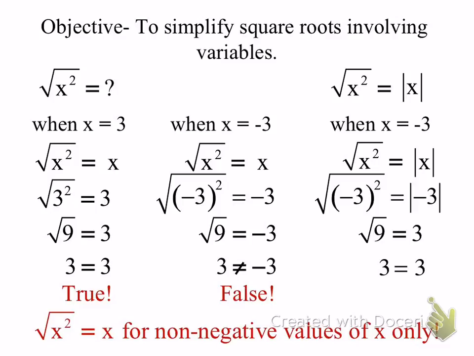It says the square root of x squared equals x for non-negative values of x only. So one more time, when x is negative, if I set this equation up and set it equal to just x, it doesn't work with negative numbers. So to account for the negative, I have to set it equal to the absolute value of x. You with me?